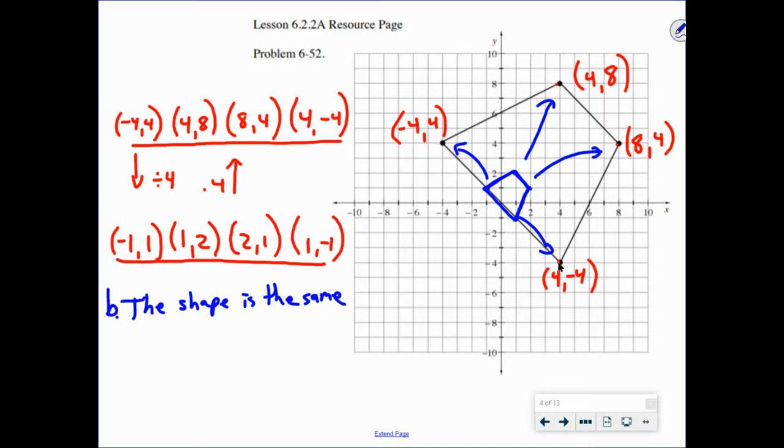The shape is the same, but the sides of the original, this one in blue, the sides are what? The sides are 1/4 of the length. Okay? Which makes sense. If I multiply it by 4, the sides get 4 times bigger, don't they? So if I divide by 4, they get 1/4 of the size. Cool? All right, good. That is the first problem.